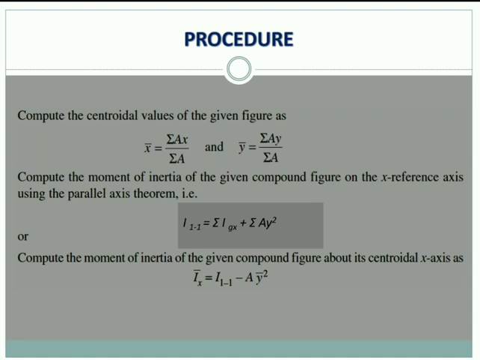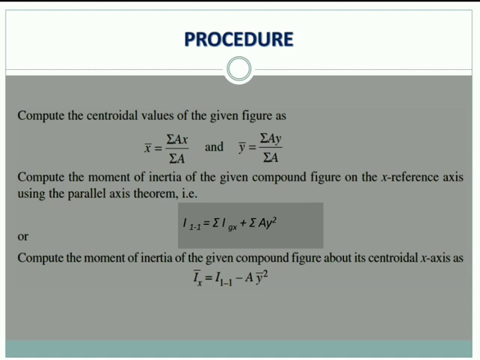So always remember, Ixx means with respect to the entire figure, because xx is the centroidal axis of the entire figure, whereas 1 1 is the reference axis. We use the reference axis for each element, whereas the centroidal axis we define with respect to the entire body. Remember this. Again I will repeat, we use the reference axis with respect to each element, A1, A2, A3, A4, whereas when we go for the Ix calculation, we take the x axis, which is with respect to the entire body.